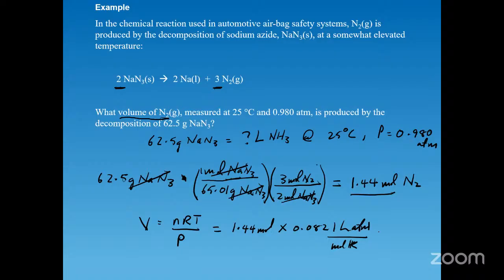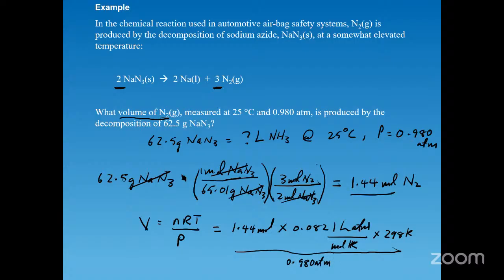And then the T is 25 degrees. Again, that must be converted to Kelvin always, right? So 298 Kelvin. And then I'm going to divide all of that by the pressure. What's the pressure? The pressure is 0.980 atmospheres. So that's the setup.